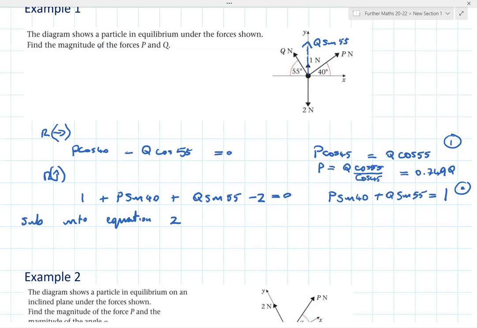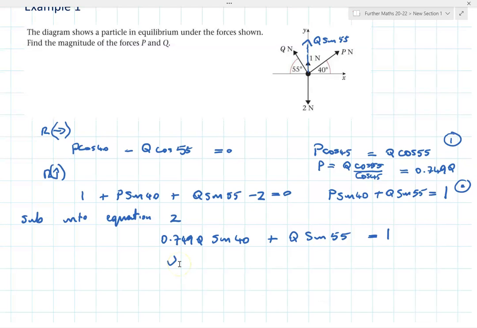And then that comes to 0.749 Q, that's the P, which we'll replace, times sine 40 plus Q sine 55 equals 1.